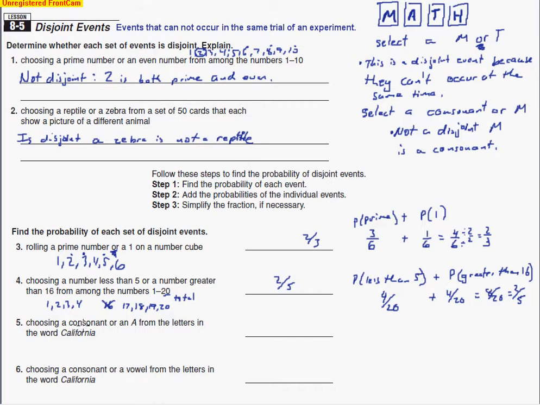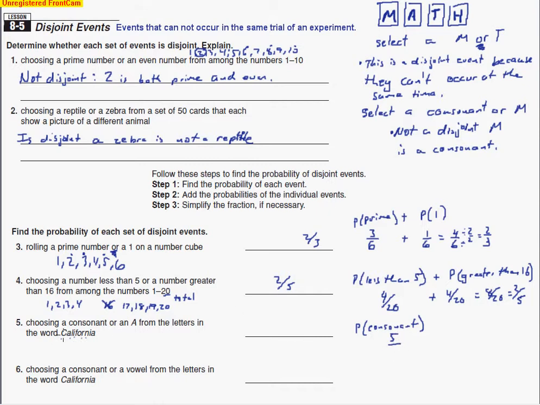Choosing a consonant or an A. Well, those are disjoint because a consonant is not an A. If they are the same, you cannot do this method where we're adding these probabilities together. So the probability of a consonant. Consonant is like the C, 1, the L, that's 2, 3 is the F, 4 is the R, 5 is the N. So we have 5 out of, let's count how many there are.